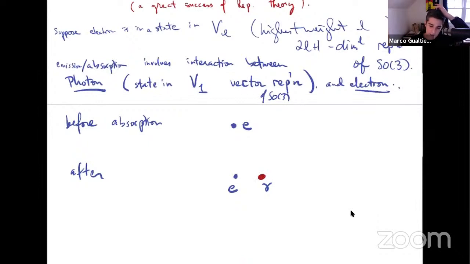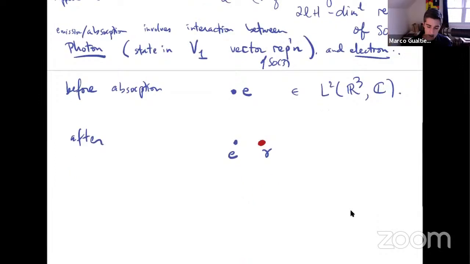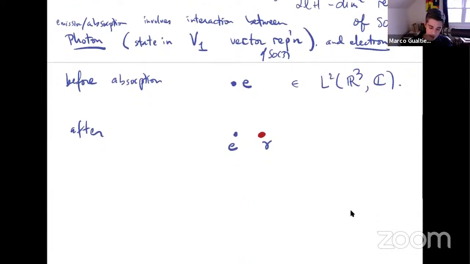And the electron is in some state, in L2 R3 C, the wave function of this electron.